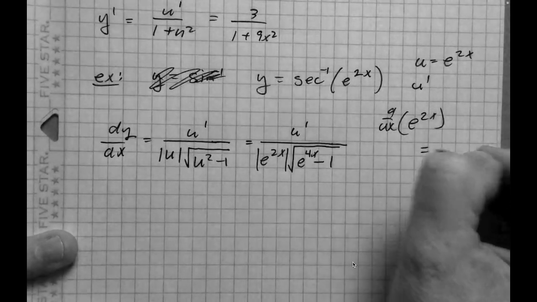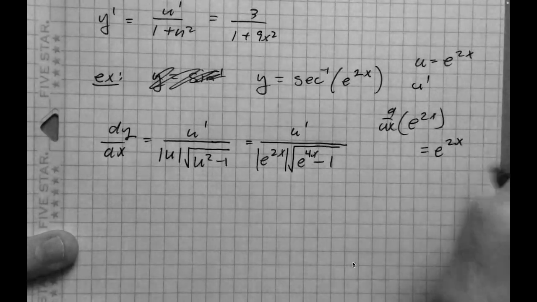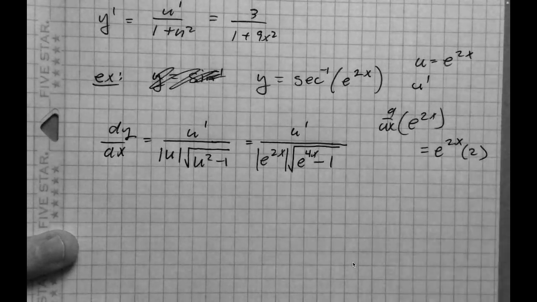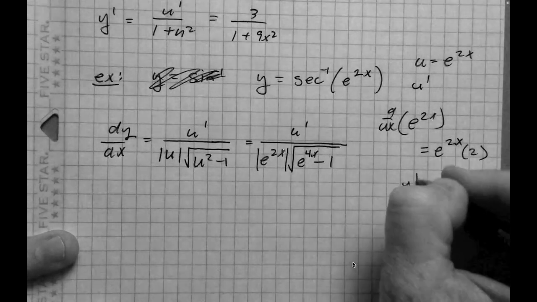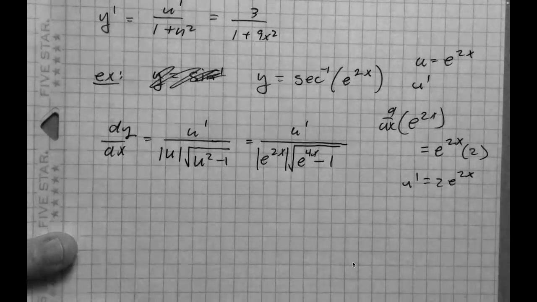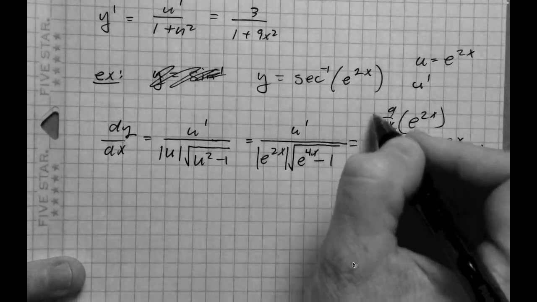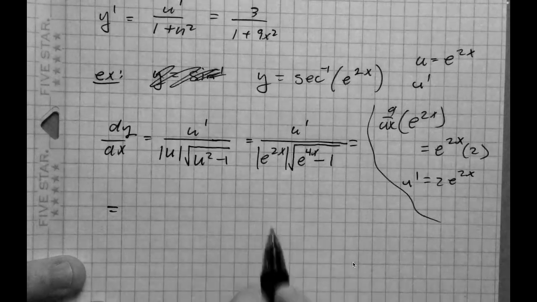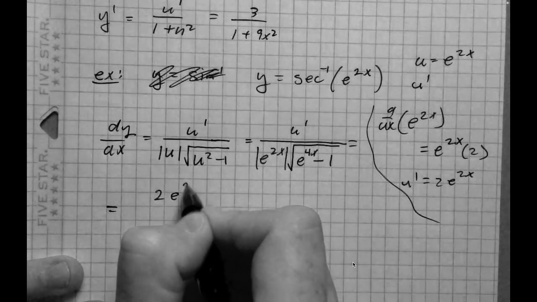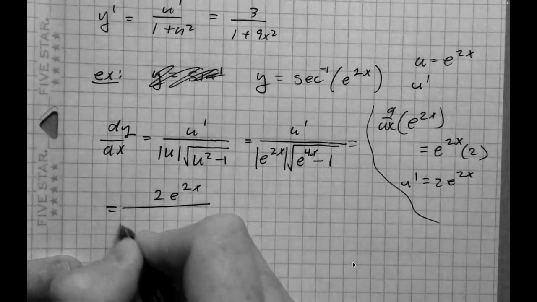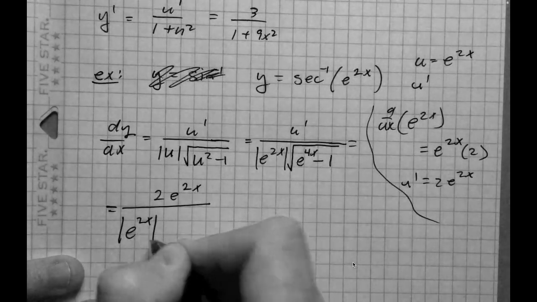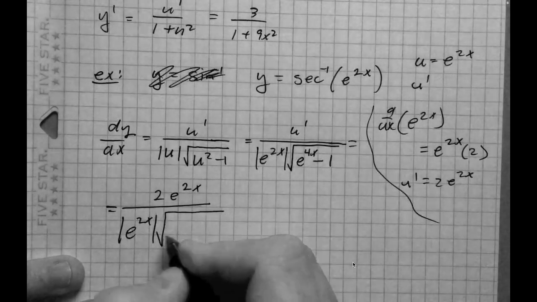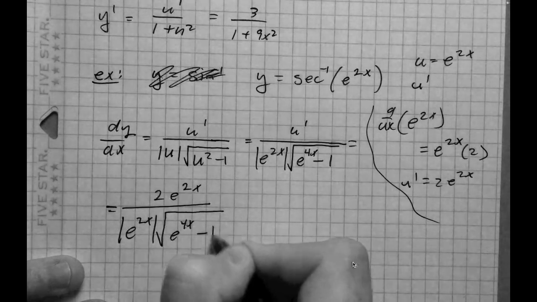It's going to be equal to e to the 2x times the derivative of the 2x. So u prime equals 2e to the 2x. Okay, so that would mean that we've got 2e to the 2x divided by the absolute value of e to the 2x times the square root of e to the 4x minus 1.